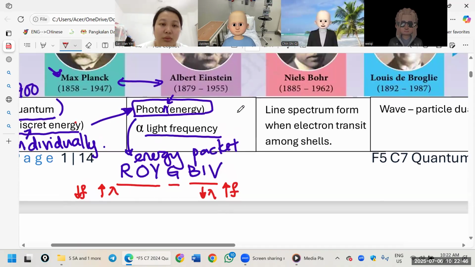So, Einstein said photon is energy. Photon actually means light energy. The photon energy, actually you can just say photon already. We know it's light energy. But I would like to remind you photon is energy, so I'll always say photon energy.